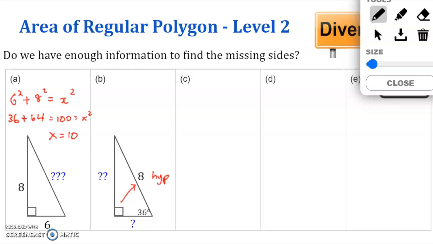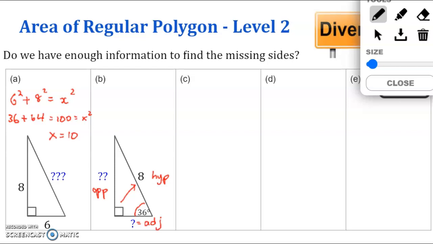Okay, so this side is going to be what? This is the adjacent side to the angle that we're given. It's right next to us, so it's adjacent. And this is going to be opposite from the angle that we're talking about, so this is going to be my opposite side. To figure out the adjacent side, what is the trig function that deals with adjacent and hypotenuse?